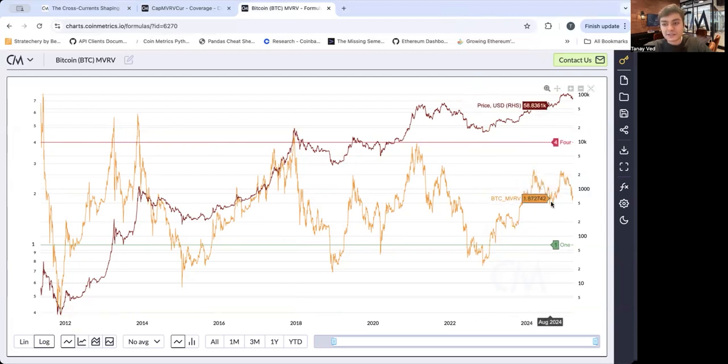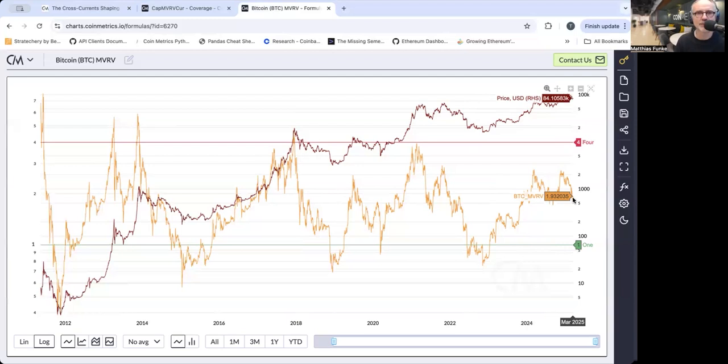Similarly, after the U.S. elections, Bitcoin crossed 100,000, and MVRV peaked again around the 2.6 to 2.7 mark. Today we're around the 1.9 level, which indicates that we're in a mid-cycle phase, and there's still some room for MVRV to grow higher.